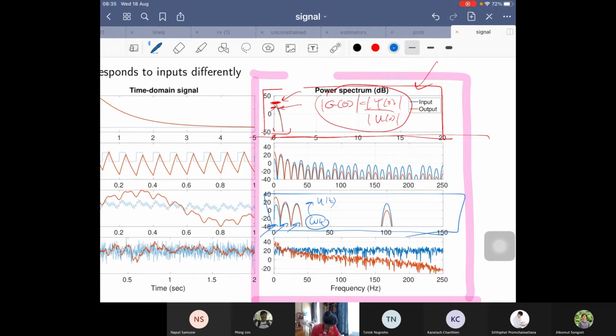But what if I want to know, because the whole point is I want to know the characteristic of my system G. If I want to know the gain of G at, let's say, 70 hertz, can I get that information from this graph? Kanatat? I think yes, you can. Okay, how?